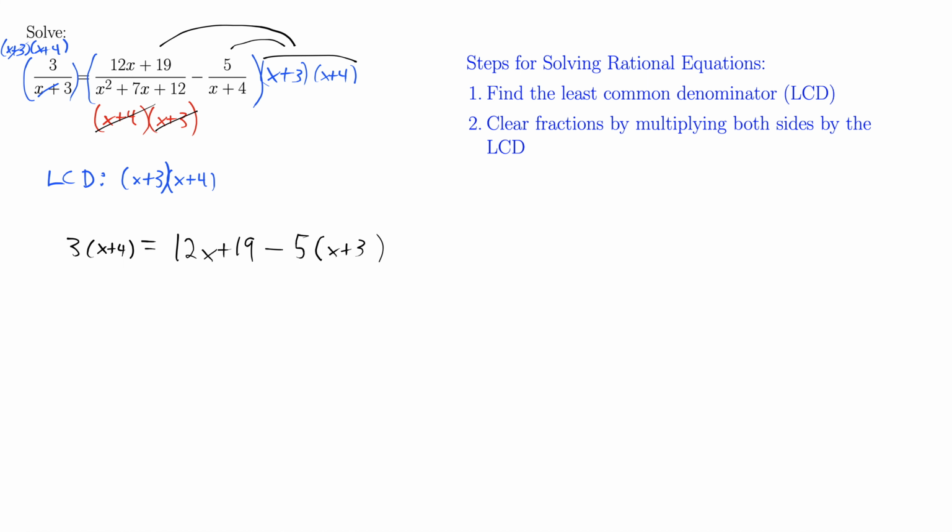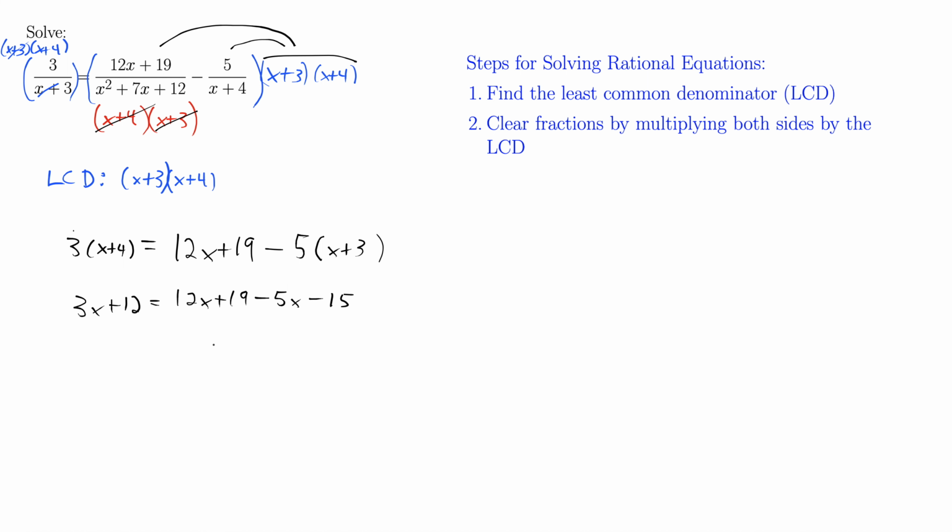Note that all the denominators are gone. Now we can solve this out. Let's distribute the 3 through, and distribute the 5 through. So 3x plus 12 equals 12x plus 19 minus 5x minus 15.